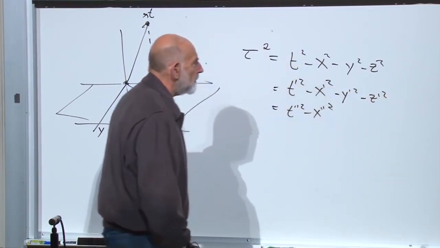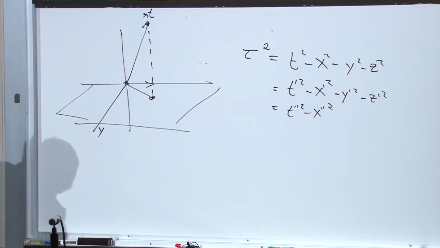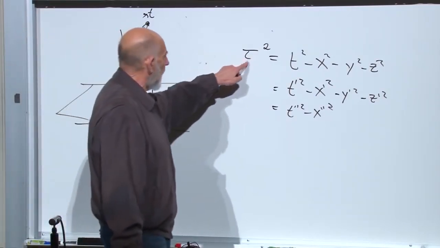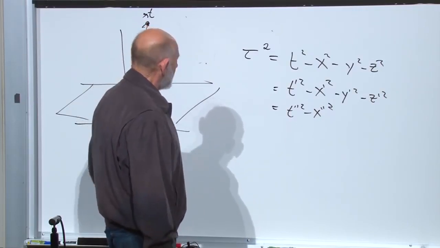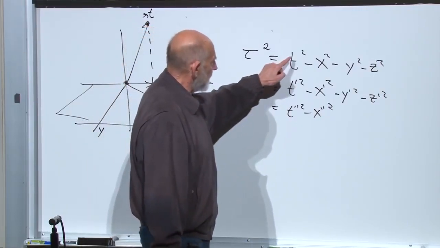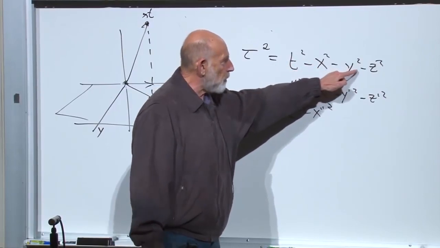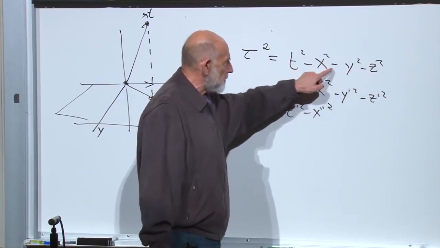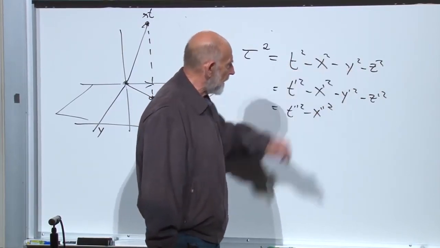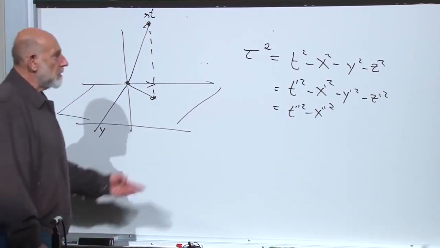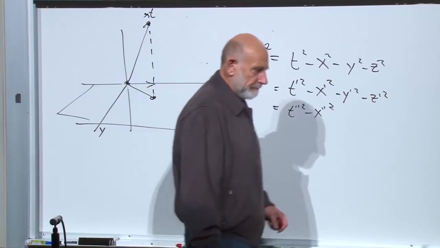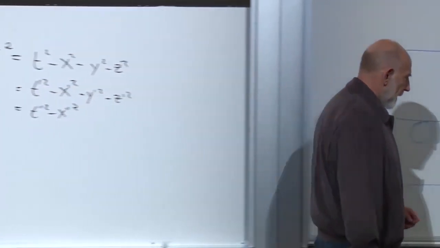So if we're not working strictly along a one-dimensional axis, the invariant proper time between a start of a clock and the place where the clock gets to is given by t squared minus the square of the spatial distance. This is Pythagoras' theorem applied to x, y, and z. And that's the notion of proper interval. And that's the one we'll work with.